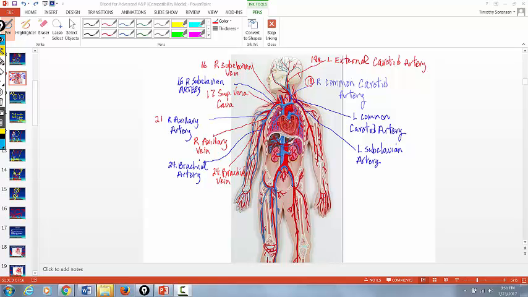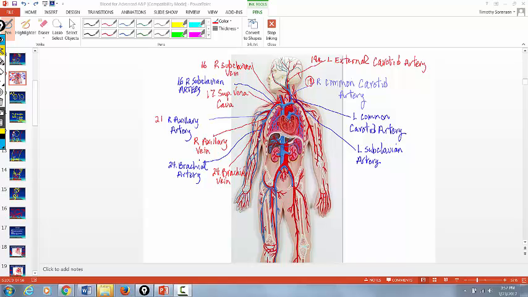Now, when you move down here, you've got, in red, the right axillary artery, and then you have the right axillary vein in blue here. Moving down even more, you have this small vessel here, which represents the right brachial vein.